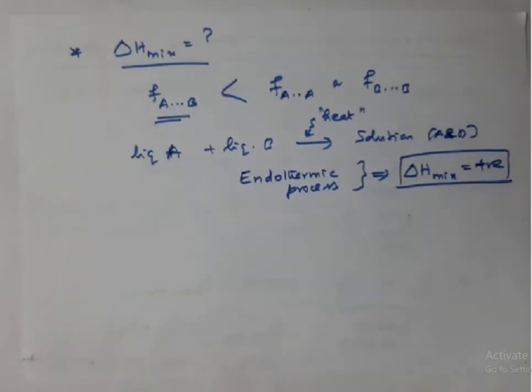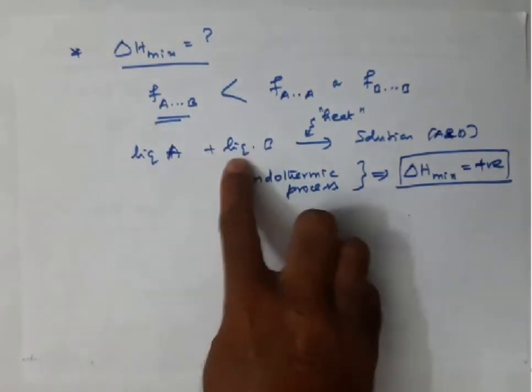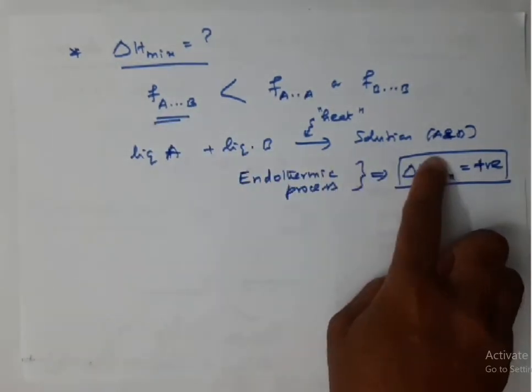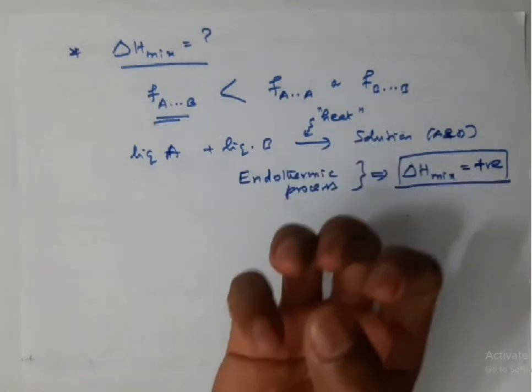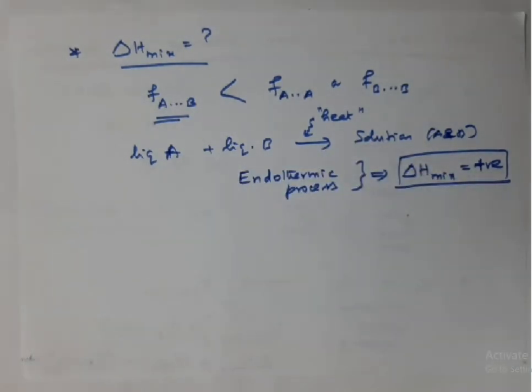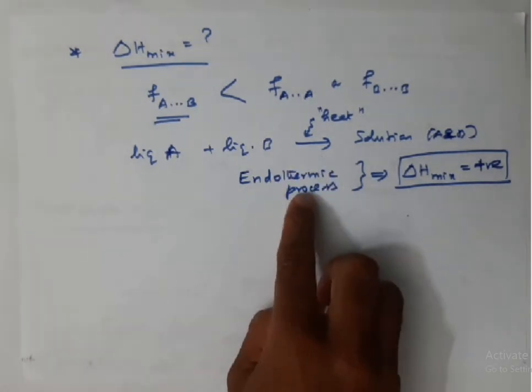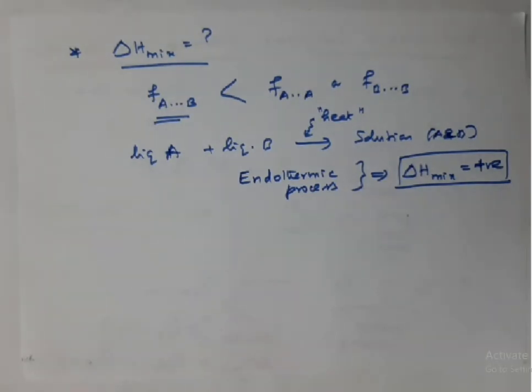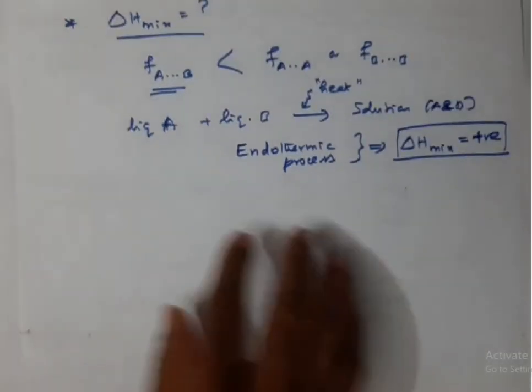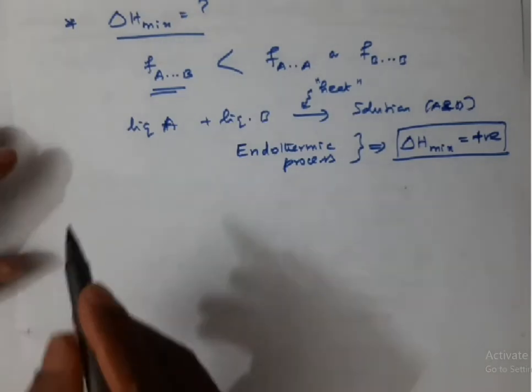Why positive? Because forces of attraction decrease. Whenever forces of attraction decrease on mixing two liquids, heat is absorbed from the surroundings, and we call the process endothermic. Endothermic means delta H is positive.